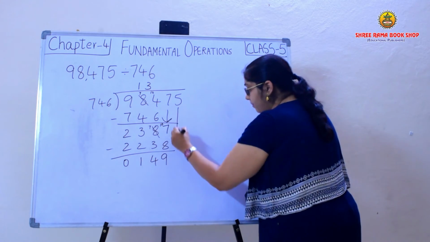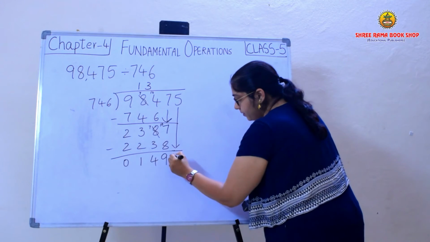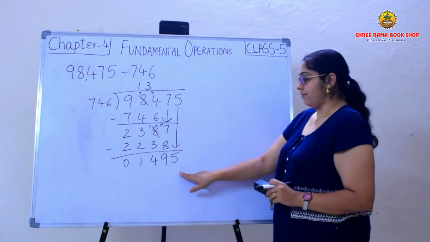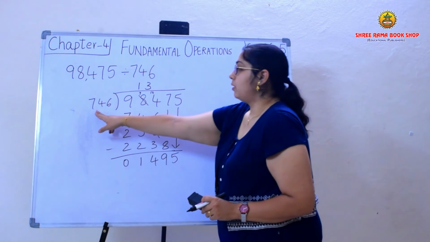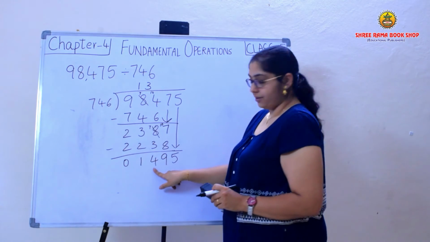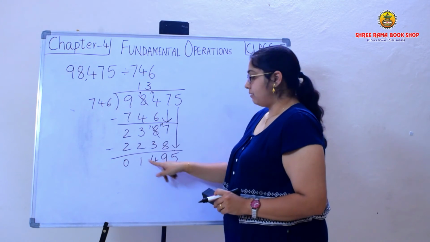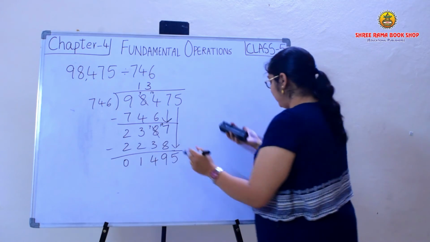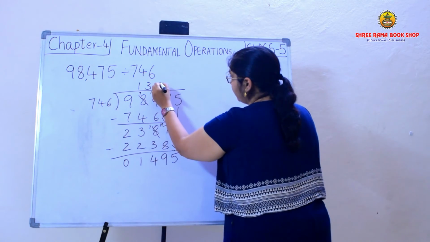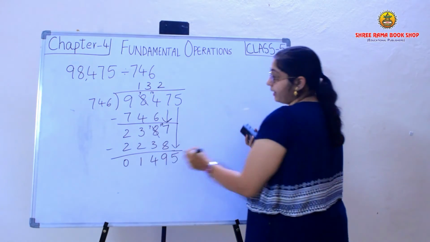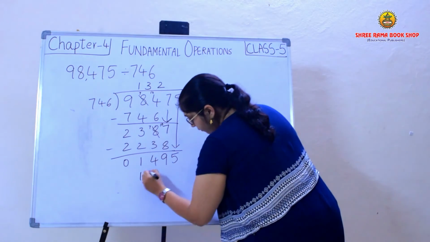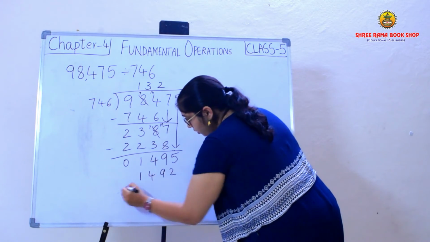Now I will be bringing down this number over here. Now the new number for me is 1495. Now in the table of 746, I need to find a nearer number or an exact number for 1495. So if I see like that, for 746, 2 times, I will be getting a nearer number for 1495, which is 1492.